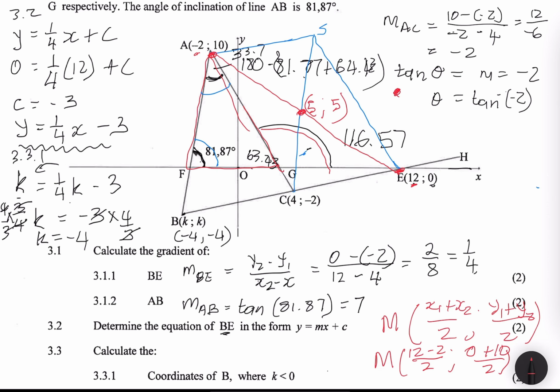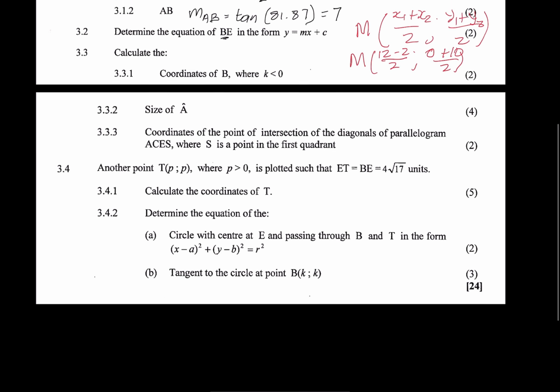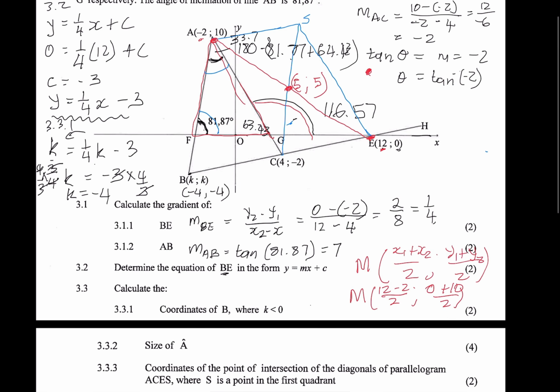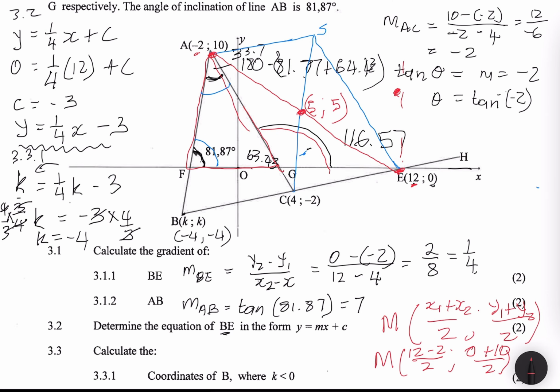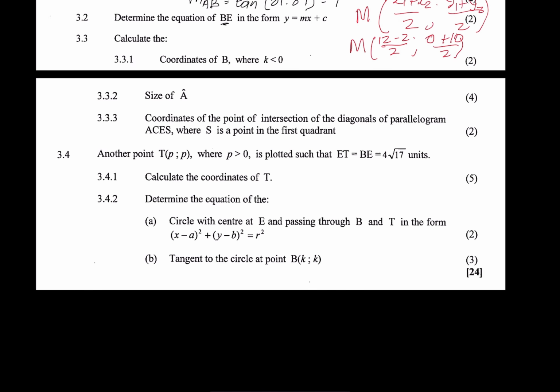They say ET is equal to BE, which should be a point quite far off our diagram. They say it's 4 root 17. Now they say calculate the coordinates of T.